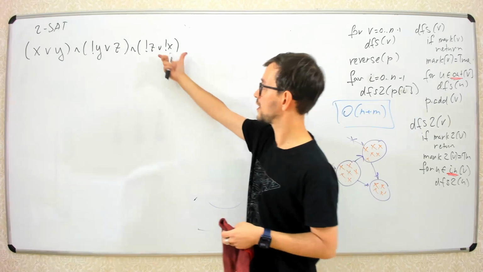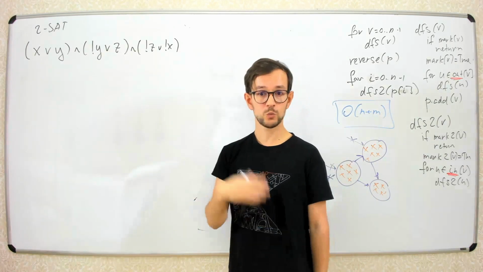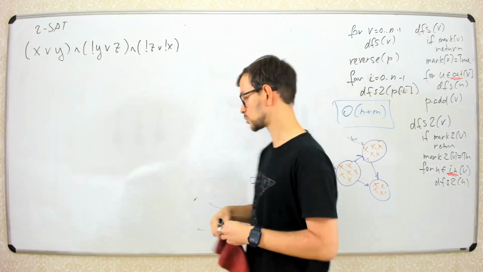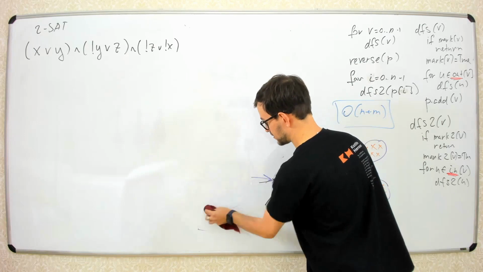But if you allow only two elements, it will be polynomially solvable, and actually solvable in linear time.